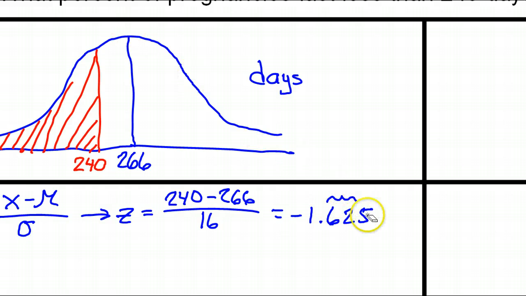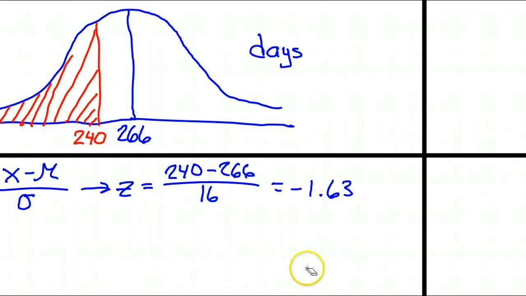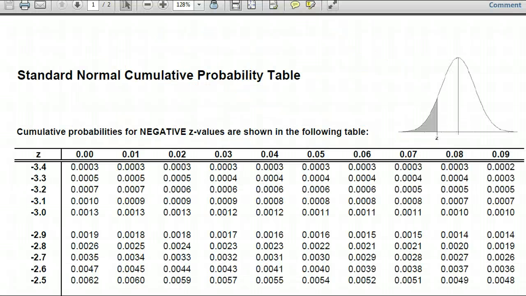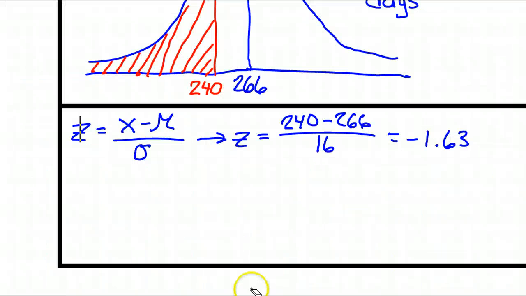Now for a z-score, only these first 2 decimals are really going to help me. So I'm going to go ahead and round this up. 5 or greater, you round up. So I'm going to round this up to negative 1.63. Okay, so I have a z-score of negative 1.63. Now I'm going to use the table and find the probability from the table.